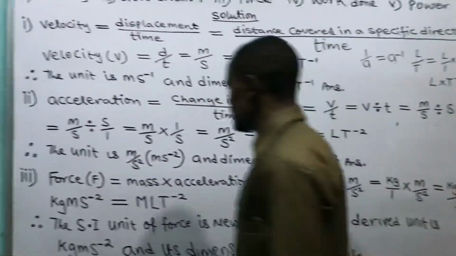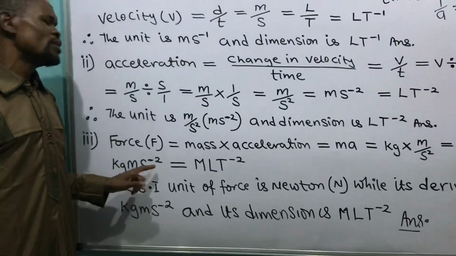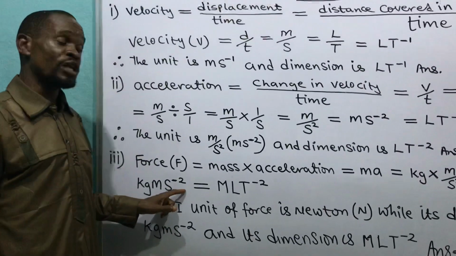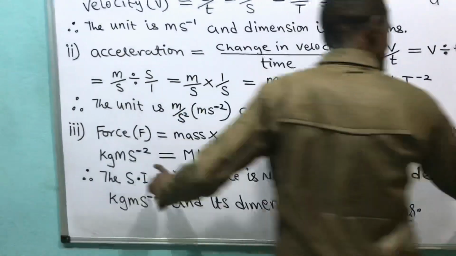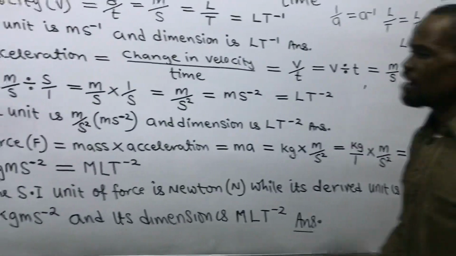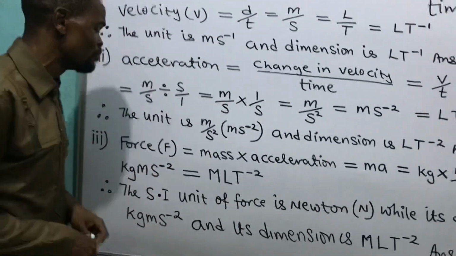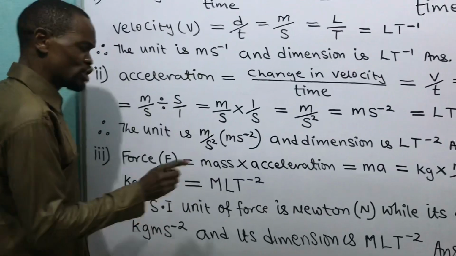And this can be written as kilogram meter per second raised to power minus 2. You remember, this is what we did. Revising it will give you minus 2. Therefore, I said kilogram meter second minus 2. And this is equal to the dimension.